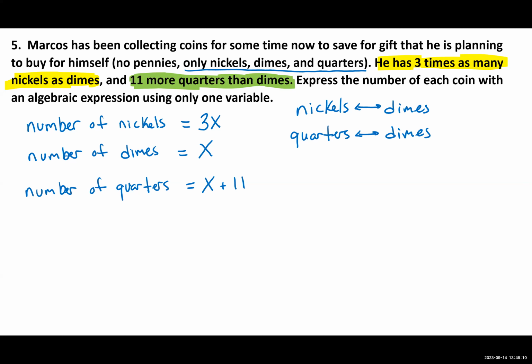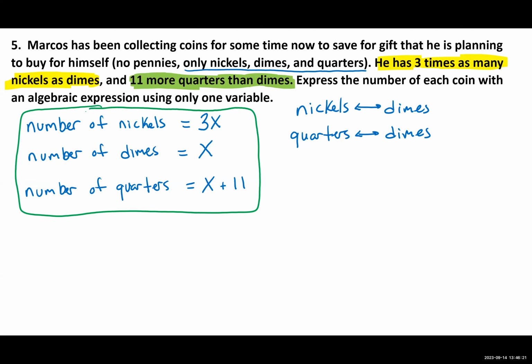Again, this is where we stop. So this is our answer. We've just expressed these unknown quantities using mathematical symbols: a 3x, an x, and an x plus 11. Later, again, we'll solve problems like this. This will be step 1 in the solving process. This is how the problem starts.